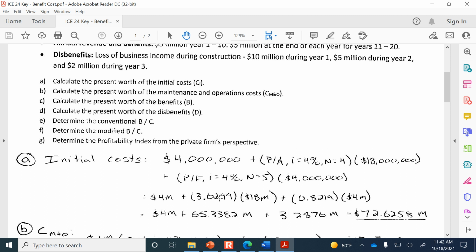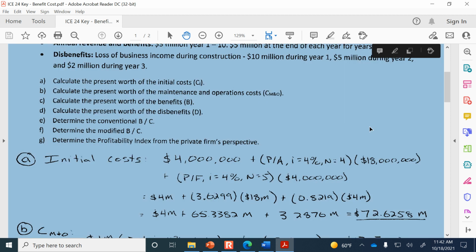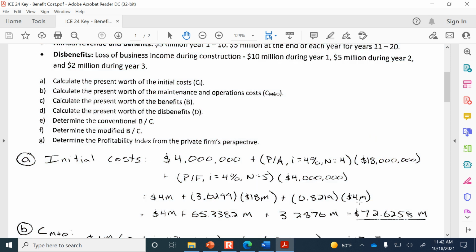So that tells us that if you move the 4 payments of $18 million spread out over time, discount it to the present, then the equivalent present amount is going to be $65.3382 million. And then the last part is the single future value that we discount to the present.